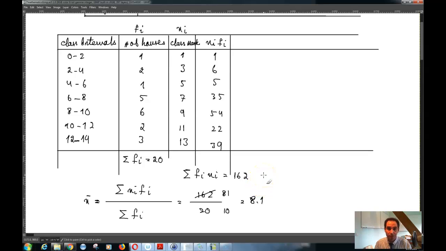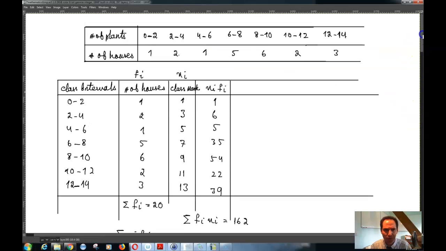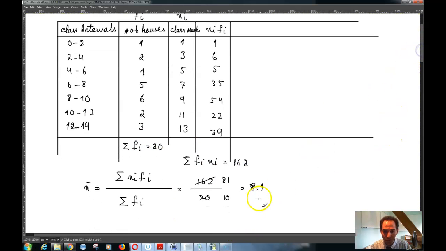So we have 162 plants in 20 houses. That means that on average we have something about 8 plants in every house. That's basically the meaning of the mean in this example and in this context.